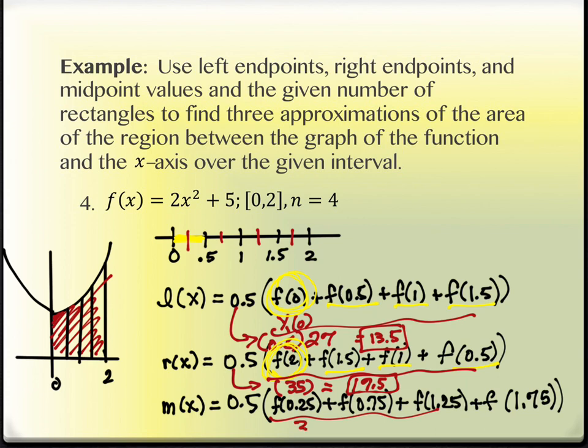So all of this is going to be 30.5, and you multiply that by the 0.5 at the beginning, and you're going to get 15.25. And it's reasonable that the midpoint estimation, generally speaking, is between the left-hand endpoint estimation and the right-hand endpoint estimation.